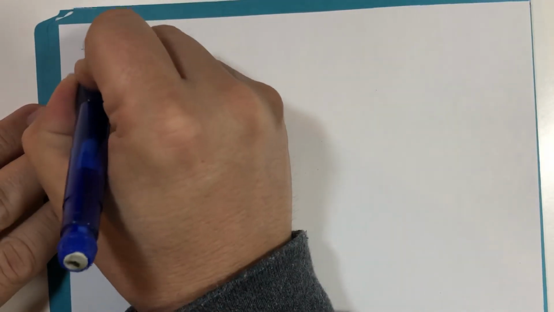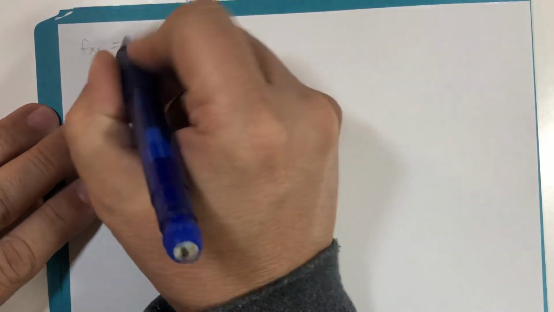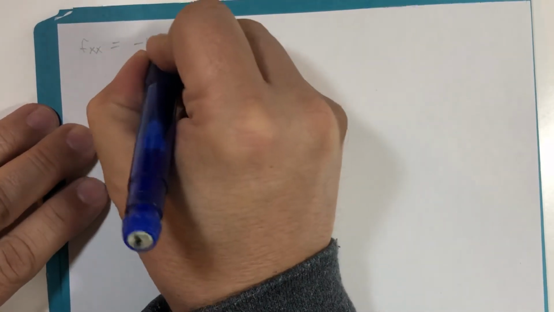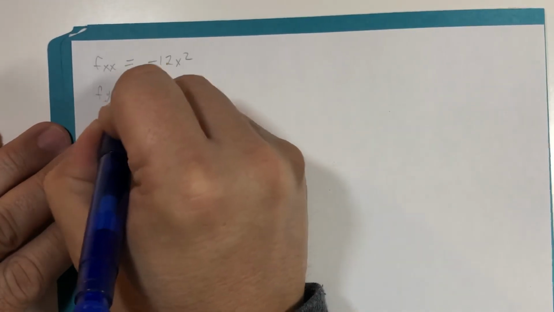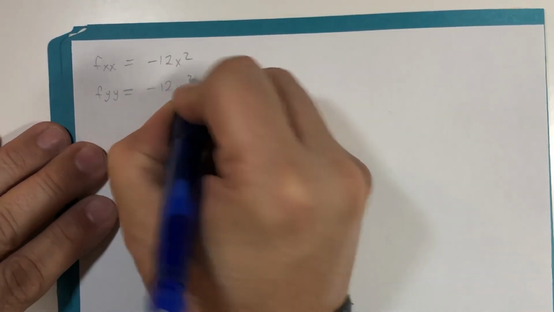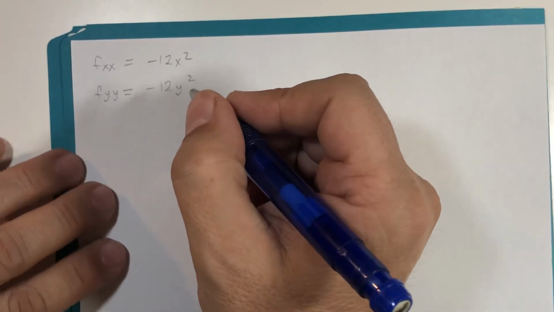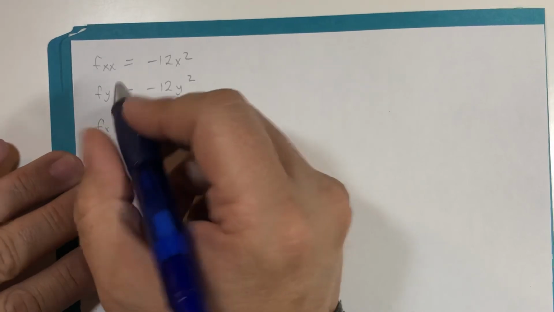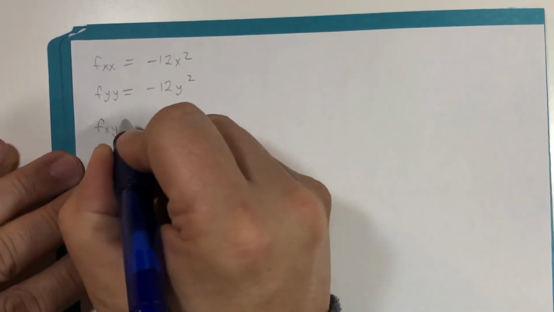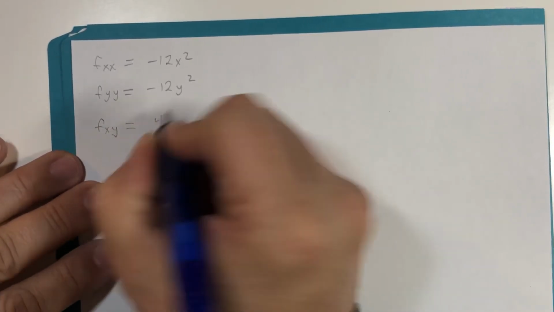If we were to calculate the second x derivative, it should be negative 12x squared. And the second y derivative should be negative 12y squared. You can go back and double check those. And then if we start with the first x derivative and take it with respect to y, you will get a constant 4.